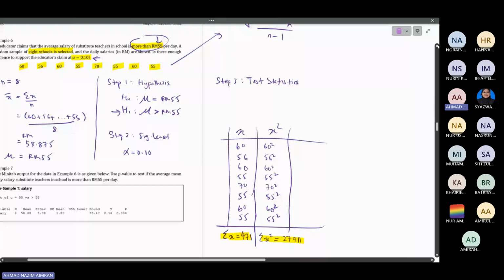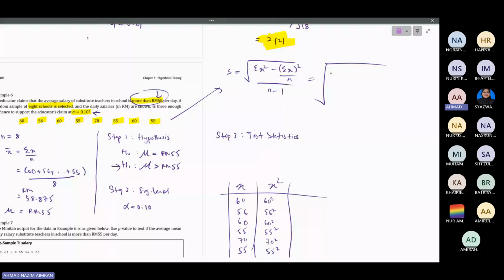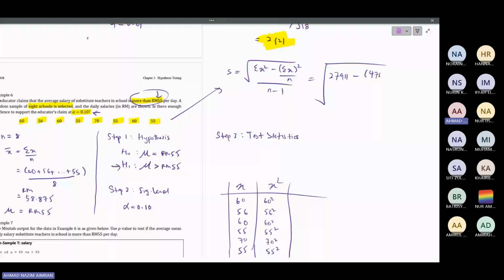And this is equal to summation of x squared, 27911, minus 471 square, and we have how many? N, sample of 8, over 7. This is n minus 1.